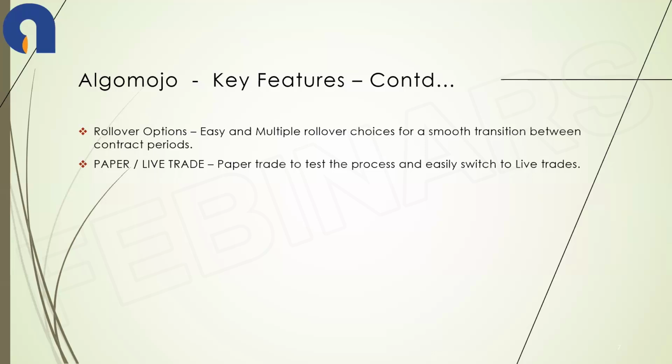By default, we provide three paper trade facility. And we feel that would be pretty much sufficient for people to test out the process of automation. And once you have done the testing and if the orders are getting placed as per your requirement, you can shift over to the live trade.